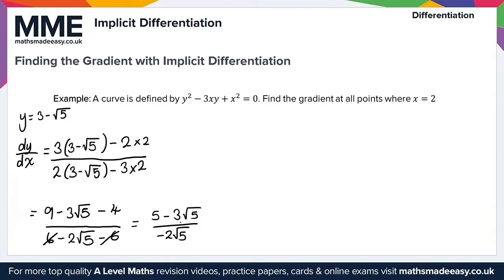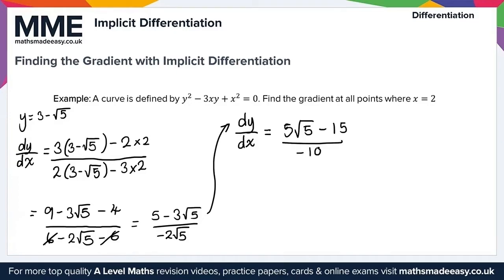Okay, so again, we just want to start simplifying here and rationalising the denominator. So in that case, if we rationalise here, we get dy by dx equal to 5 root 5 minus 15 all over minus 10 there.